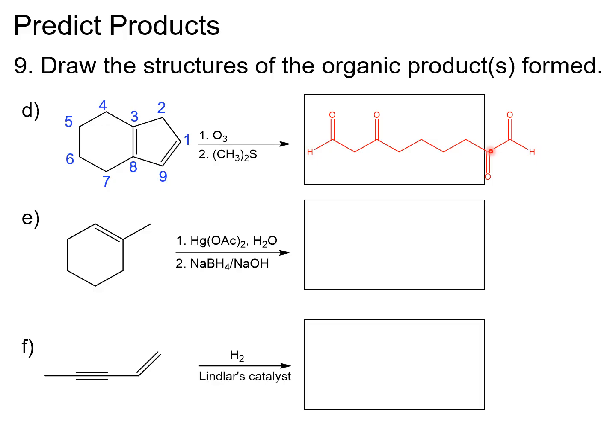I can see here these two carbons have both carbonyls. Those have to be next door to each other. So that's 8 and 9. That means this has to be 1. Easier way to see that, right? 1's going to get a double bond O. 1's still going to be connected to 2. 3 is still going to be connected to 2. That's also where we're going to have a double bond oxygen. I think that one's almost impossible if you don't number your carbons.